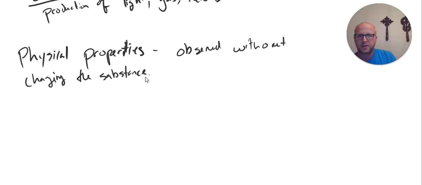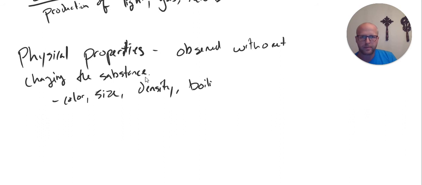Physical properties can be observed without changing the substance, such as color, size, density, boiling point, melting point, freezing point, on and on. So you still have the original substance that you started with.